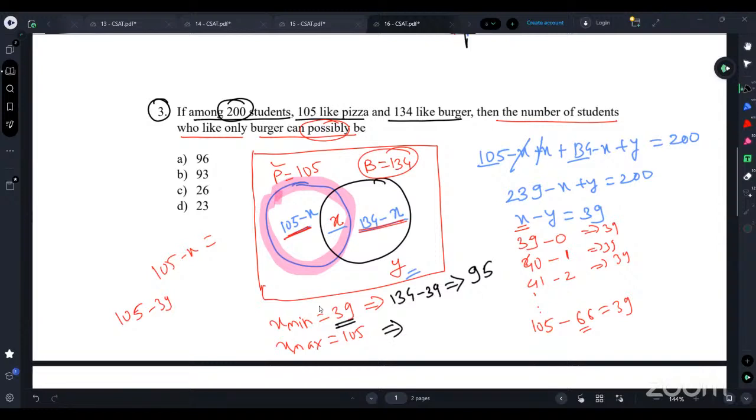And the minimum number of students who like burger will be 134 minus 105, which is 29. So 29 is the minimum and 95 is the maximum. So we cannot have 23 as the answer. Your answer should lie between 29 and 95.